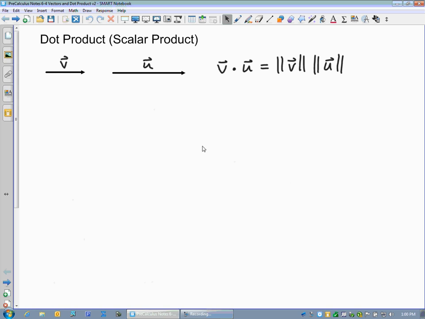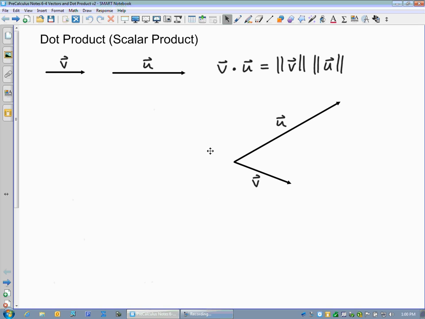Now, if they're not in the same direction, that's when we have to get a little more creative. For example, let's say they were arranged like this. This is our vector v and our vector u, and they're not pointing in the same direction. So what we want to do here is take the idea from physics, and we're going to project vector u onto the line that includes vector v.